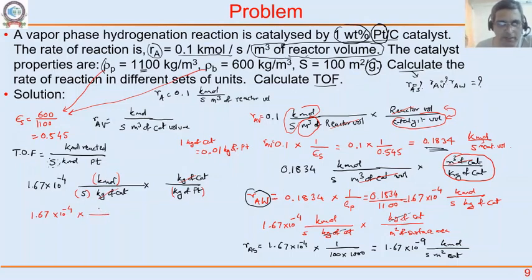Suppose I take 1 kg of catalyst, I have only 0.01 kg, 1% of platinum, right? So that means this is 1.67 into 10 raised to minus 2 kilomoles per second per kg of platinum.